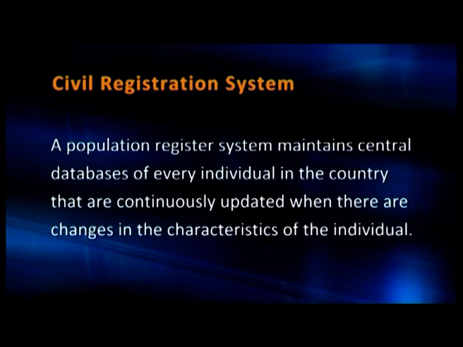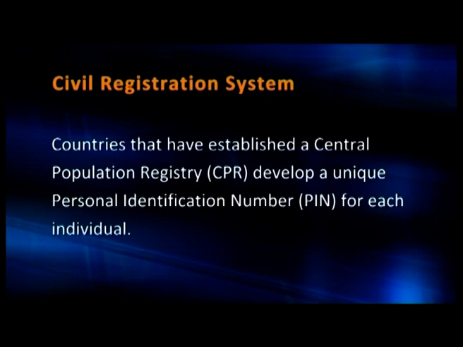A population register system maintains central databases of every individual in the country that are continuously updated when there are changes in the characteristics of the individual. Countries that have established a Central Population Registry (CPR) develop a unique personal identification number (PIN) for each individual.